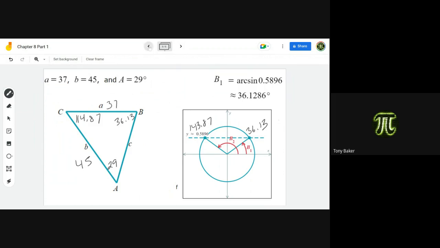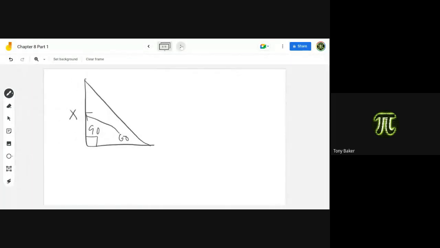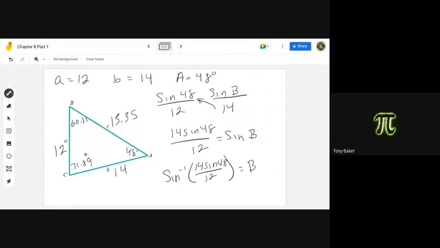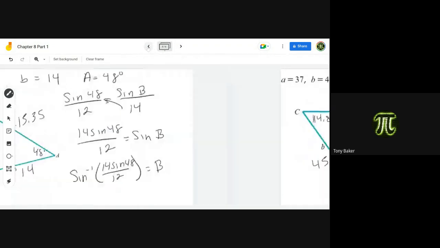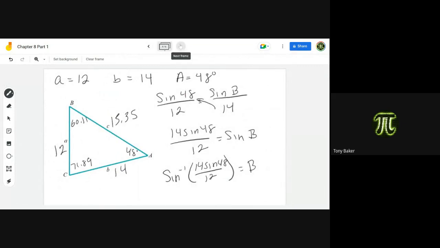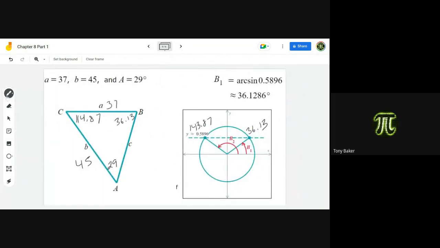Now the question is, can that angle work? So we would have had to do the exact same thing in this one, except the other angle based on the angles we had wouldn't have worked. So we have to look and see, will it work in this one? If I make B 143.87, can I still find a C that's between 0 and 180?